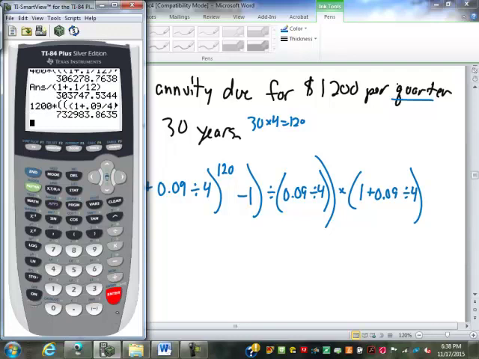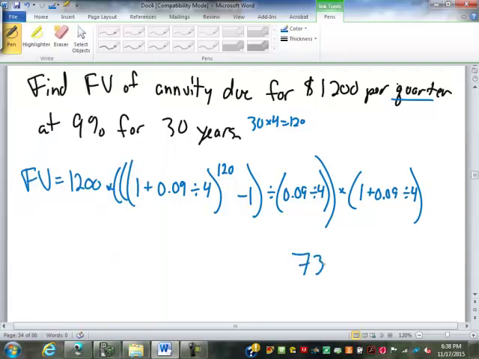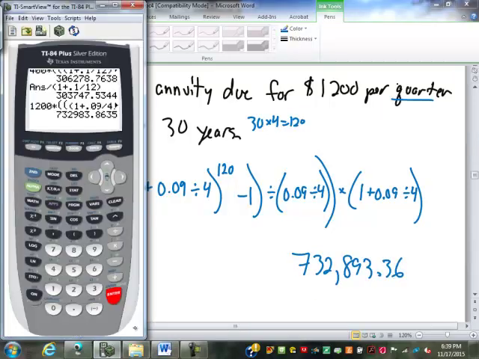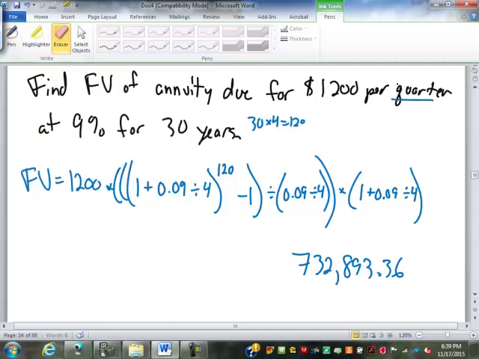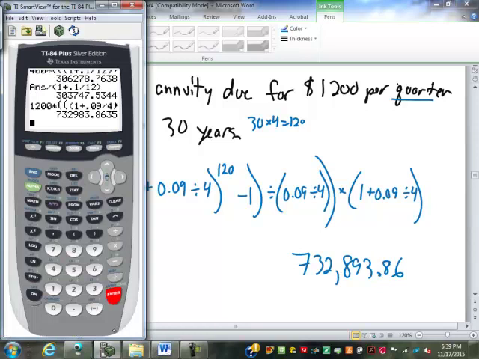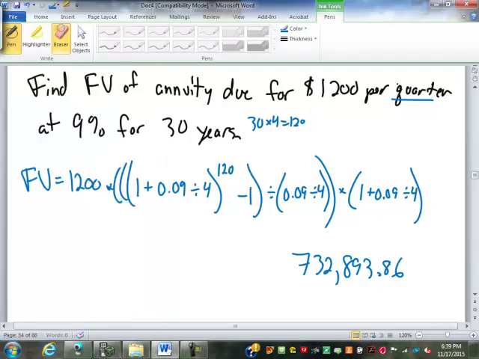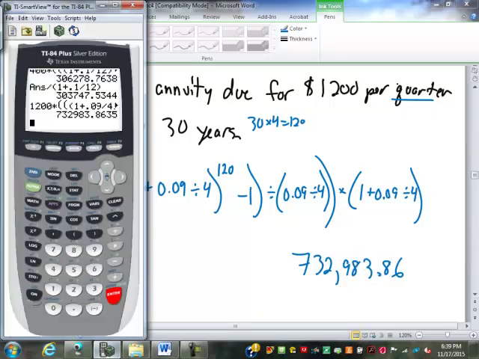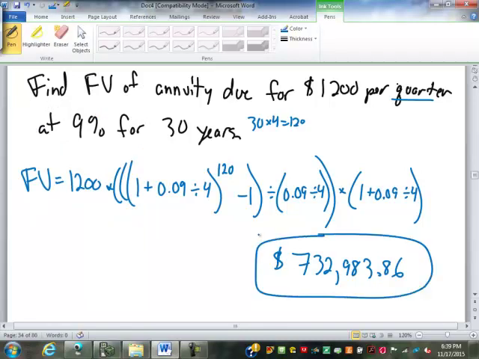So that gives us 732,893.86. $86, not 36. So 732,983. Wow, I've been horrible on my numbers today. 983.86. I think I finally got it right. How many of you had that for balance? Okay. Sorry about the confusion there.